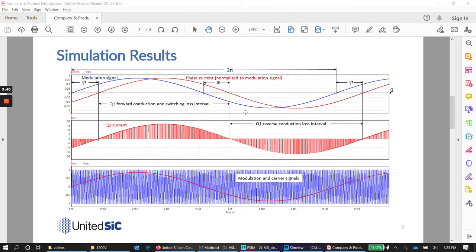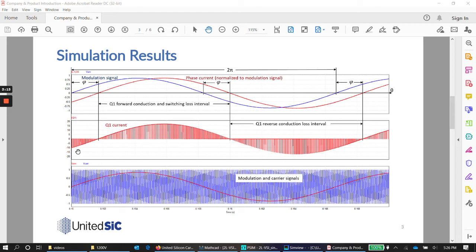In the simulation results, the phase current, which is the inductor current, is scaled to be about the same amplitude as the modulating signal to make it easy to plot them together. And here you can see the lag between the phase current and the modulating signal, which is in phase with the output voltage.